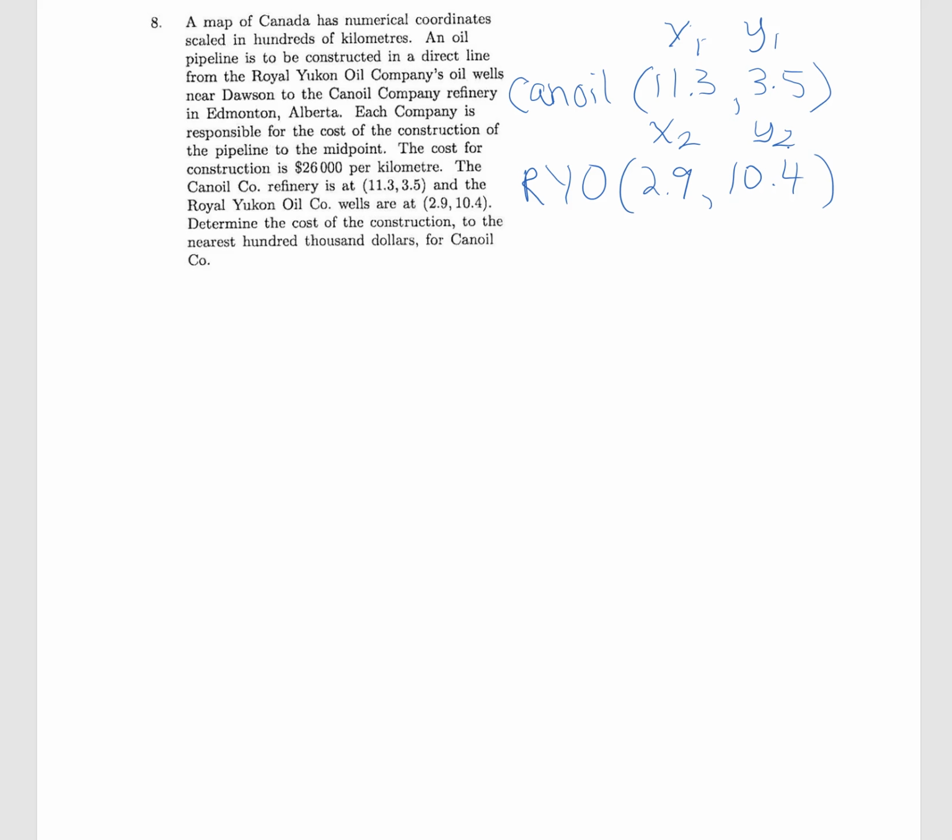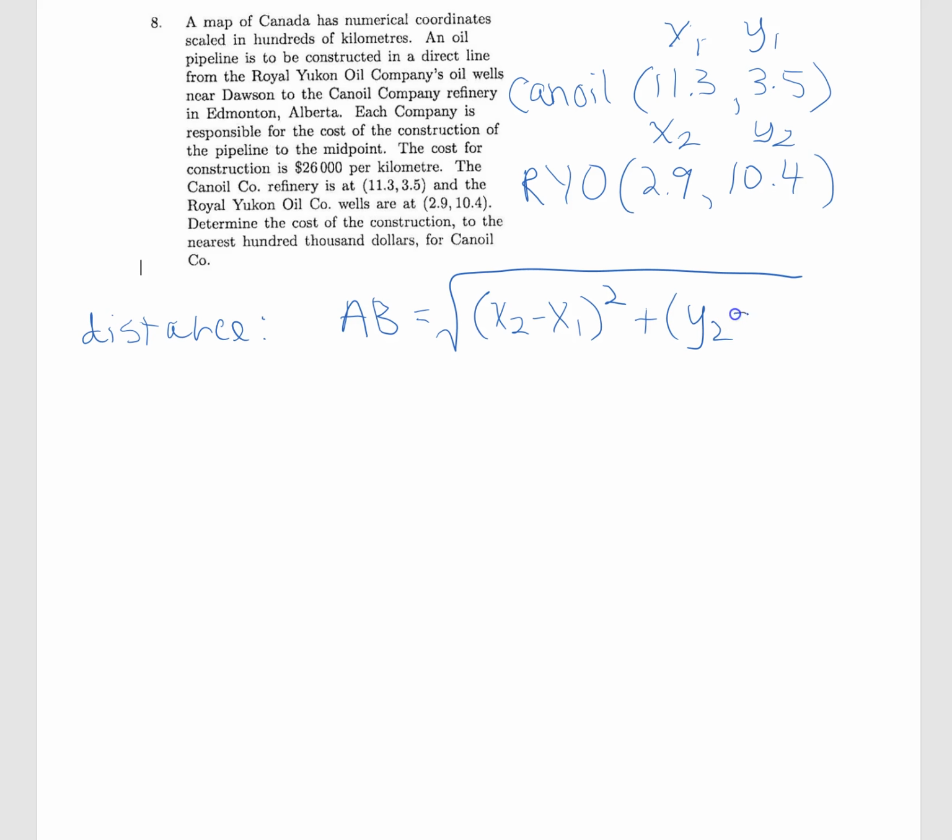So from your notes, for finding the distance between two points, let's say points A and B, you just take the square root of (x2 minus x1) squared plus (y2 minus y1) squared.